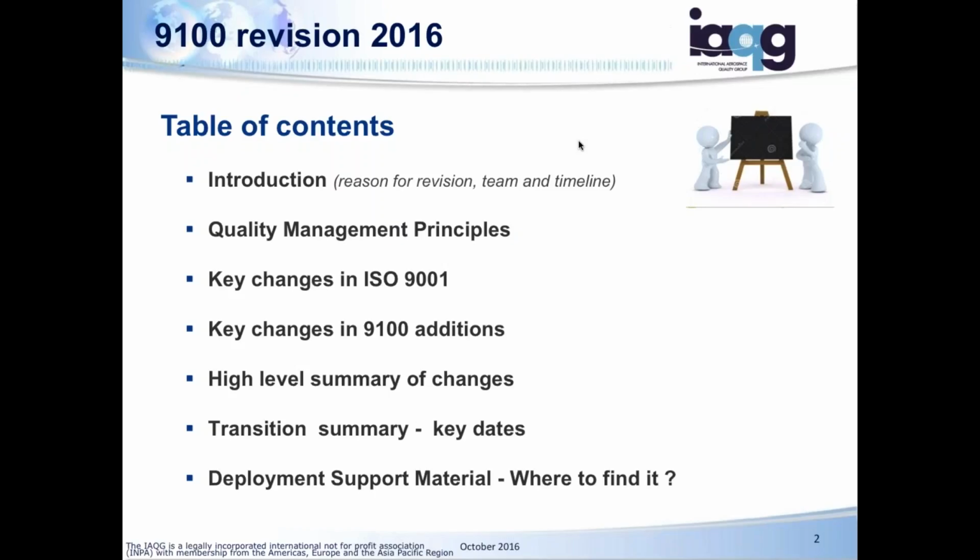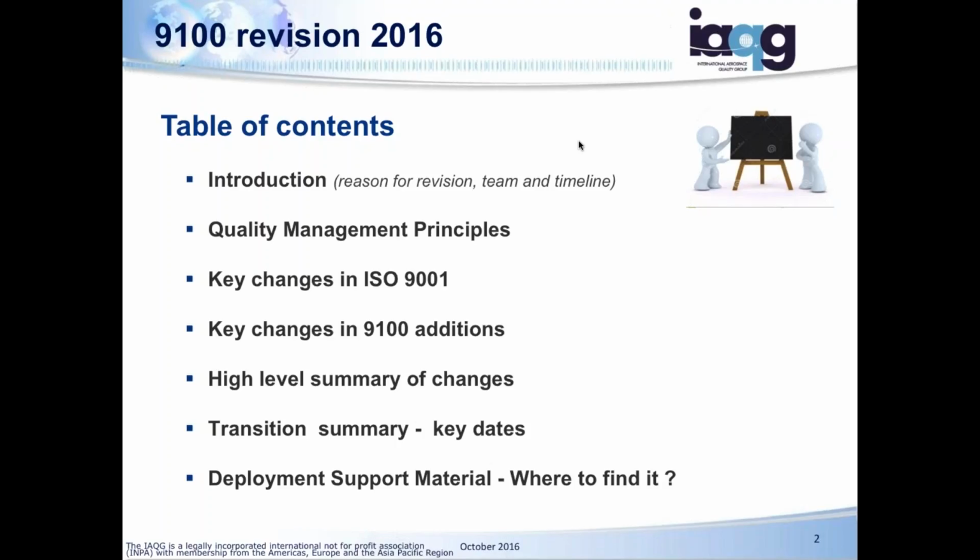So what I'd like to cover today first is a brief introduction. I'll talk about the revision process, talk about how the principles are changing, and then talk about some of the key changes within ISO 9001. Of course, 9100 is based upon ISO 9001, so I'd like to cover some of the changes in that document, then talk specifically about the aviation, space, and defense changes within the 9100.